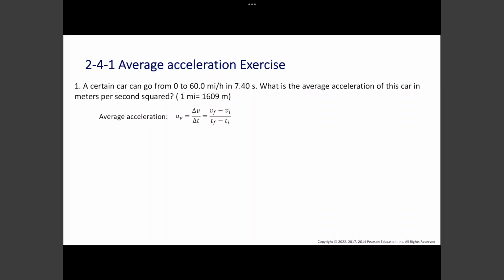The equation for the average acceleration is a_av equals delta v over delta t, or v final minus v initial over t final minus t initial.